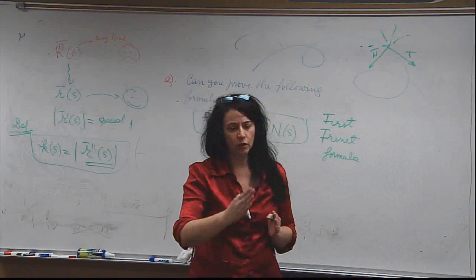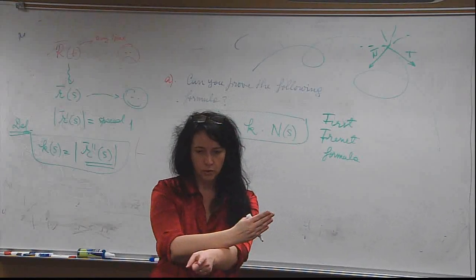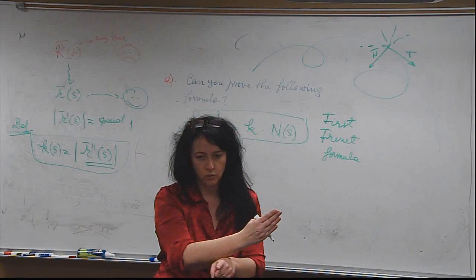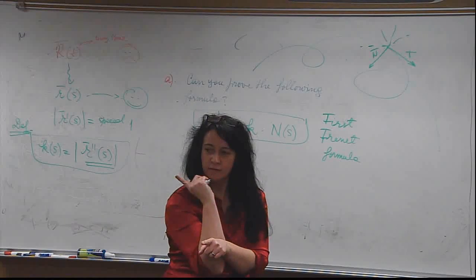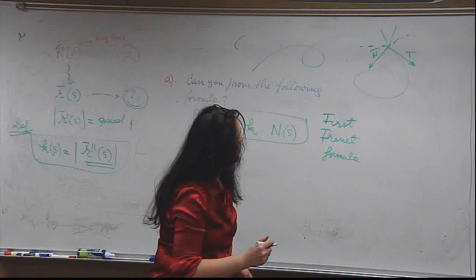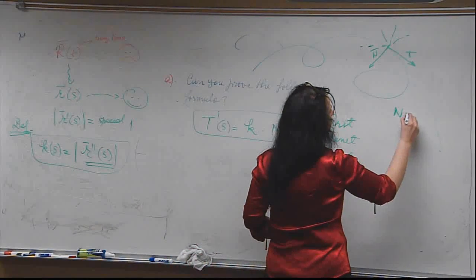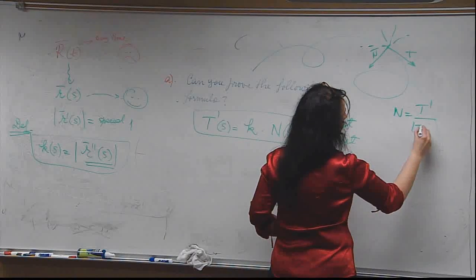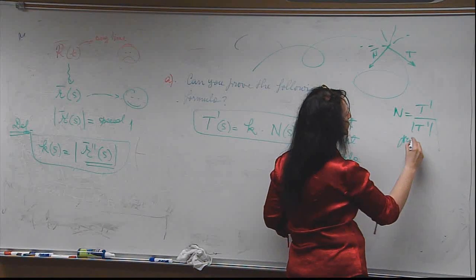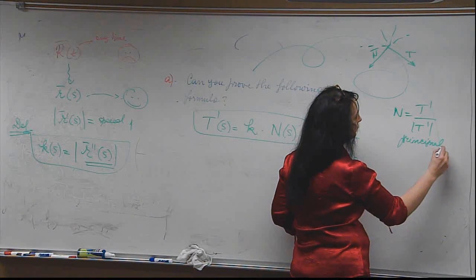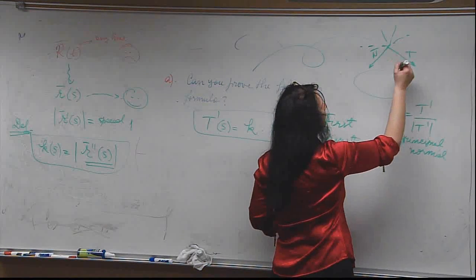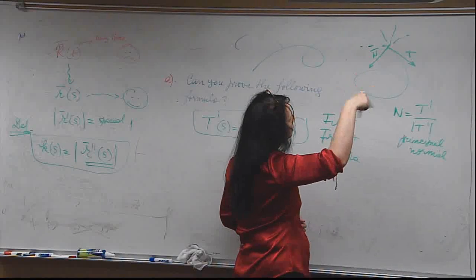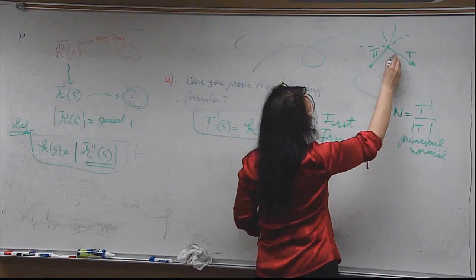All the perpendiculars in the plane, I'm coming towards you, so this is my law of motion, T. All this plane is normal. So any of these vectors is a normal. The one we choose and define as T prime over T prime in absolute value is called the principal normal. It's like the principal of a high school. It's important. So T, N and B: does B go down or up? Goes down.